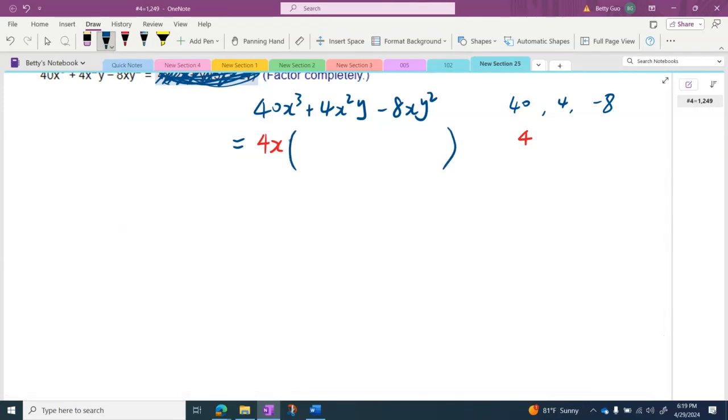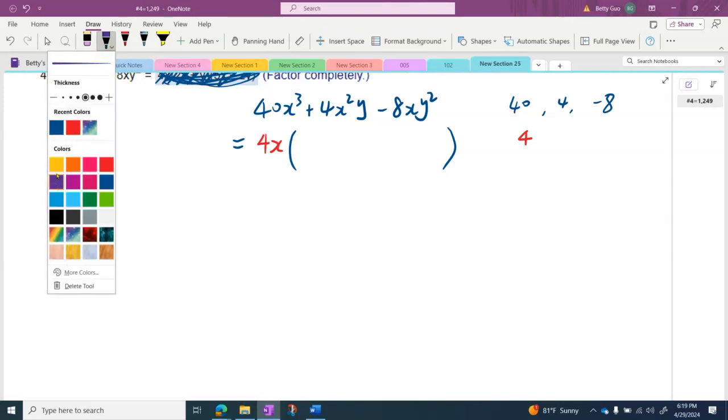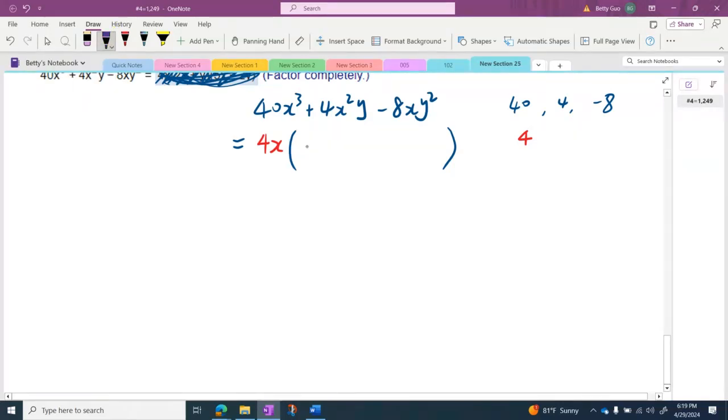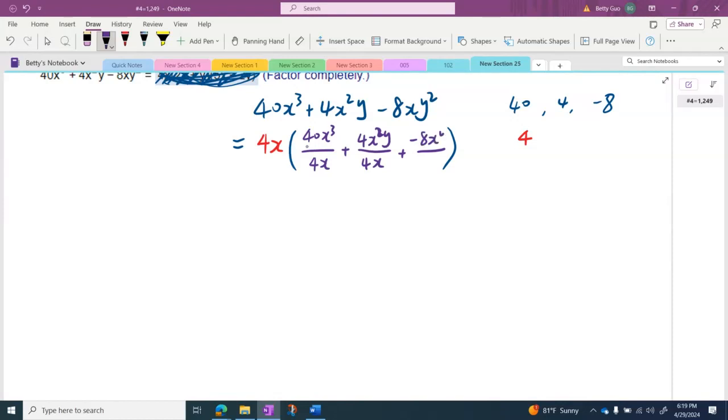And how do we find the leftover in the parentheses? You might remember the method we learned in the class. Use the original term 1 over GCF plus original term 2 over GCF plus original term 3, which is negative, over GCF. Let's simplify.